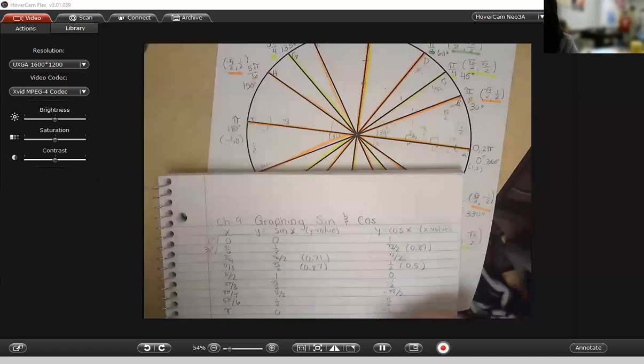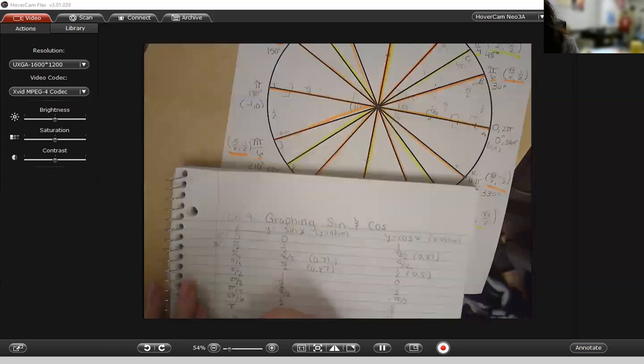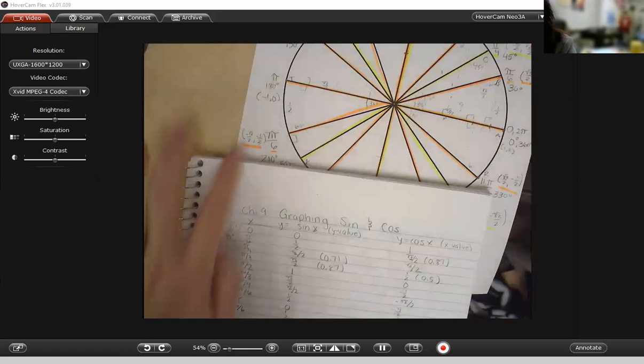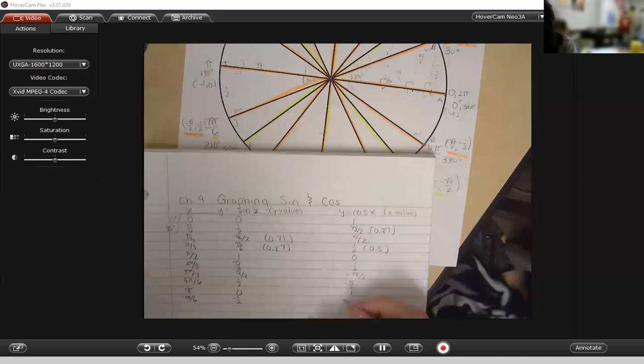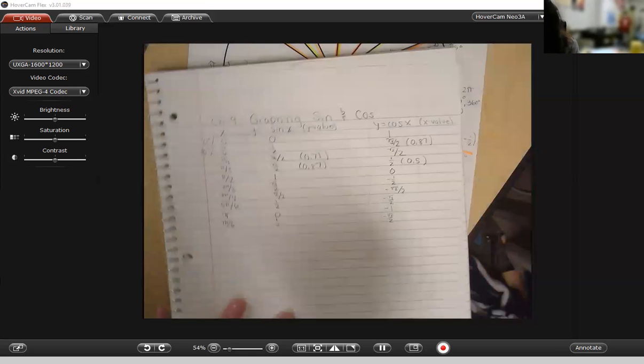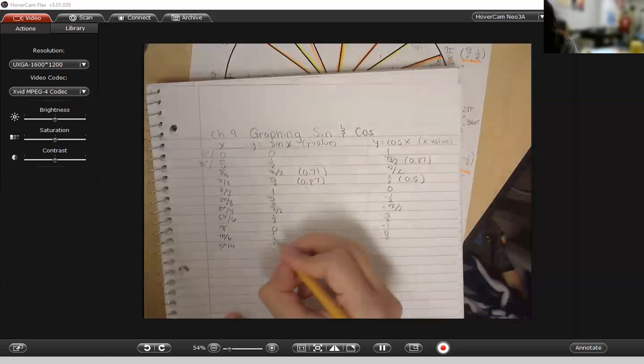All right, I'm halfway done. Let's keep going. Then I'm at 7 pi over 6. And my sine is negative 1/2. And my cosine is negative rad 3 over 2. Then I'm at 5 pi over 4. My sine is going to be negative rad 2 over 2.